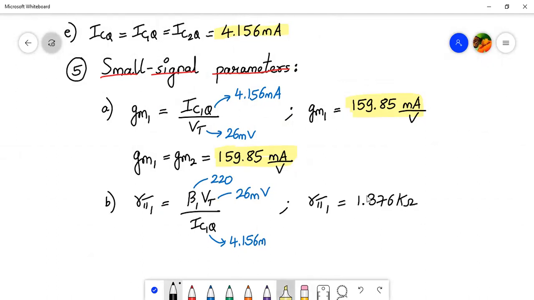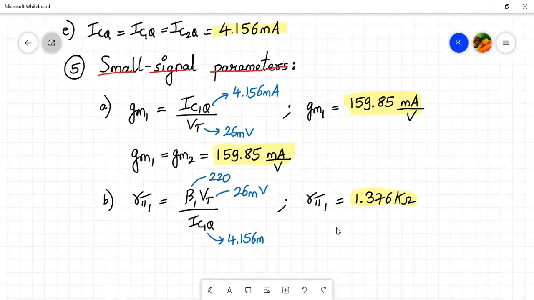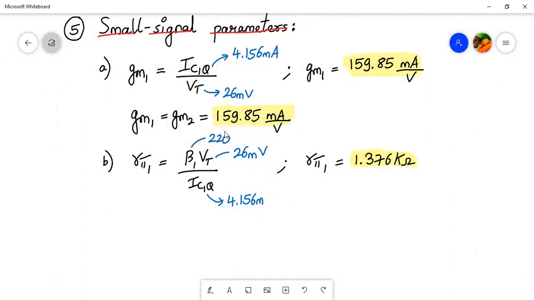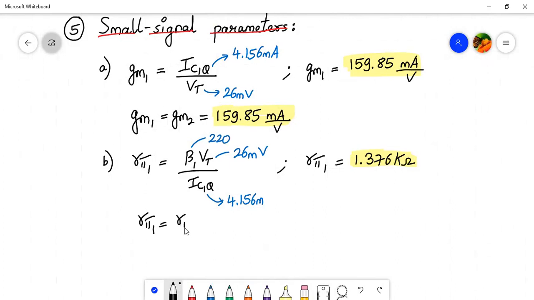So please cross check this answer. Now, since the beta value is the same for both the stages, VT remains the same, and IC1 and IC2 are the same, we can easily write that r pi 1 is equal to r pi 2, which is equal to 1.376 kilo ohm.